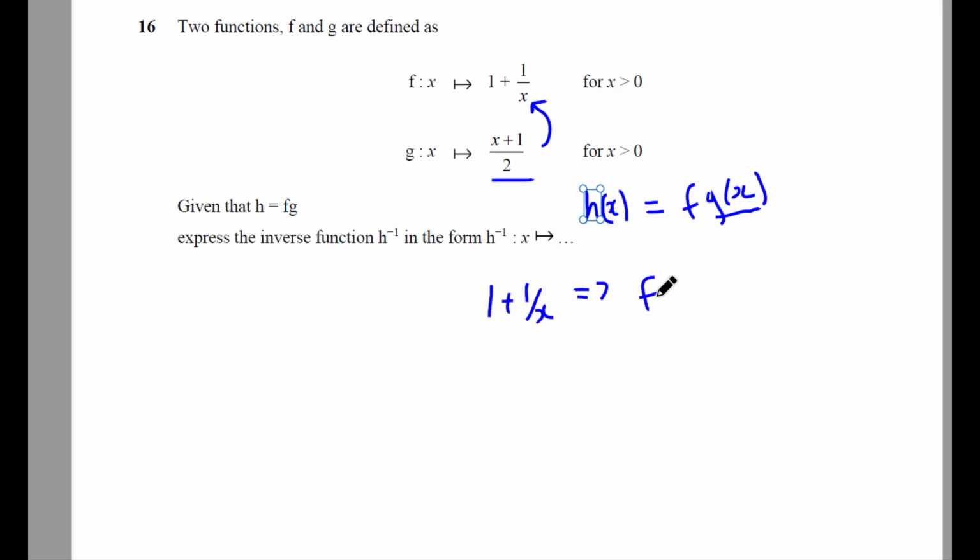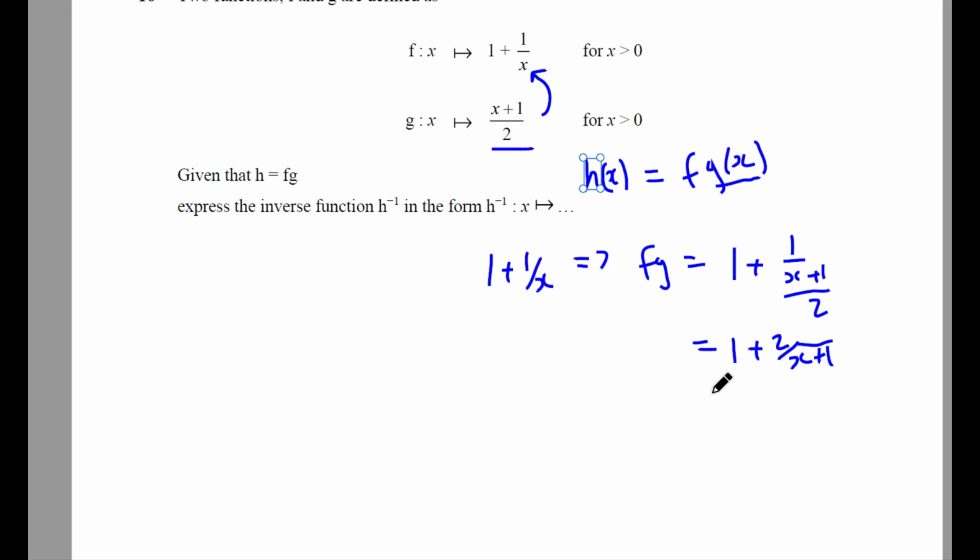So we know fg is going to equal 1 plus 1 over, substitute g in, x plus 1 over 2. Now this is a reciprocal, so we should know that equals 1 plus 2 over x plus 1. If you keep flip those fractions, you will see that. Now I'm just going to write that clearly here.